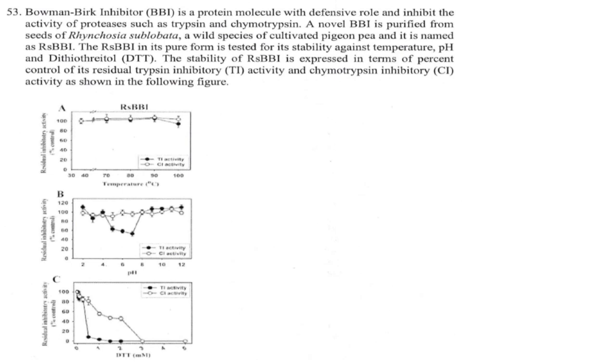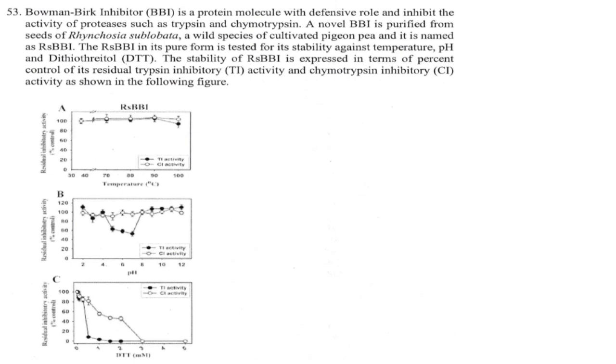So there is an inhibitor molecule, that is Bowman-Birk inhibitor, which has a defensive role and inhibits the activity of proteases, that is trypsin and chymotrypsin. Now they have isolated a new BBI from Rhynchosia sublobata and named it as RSBBI.